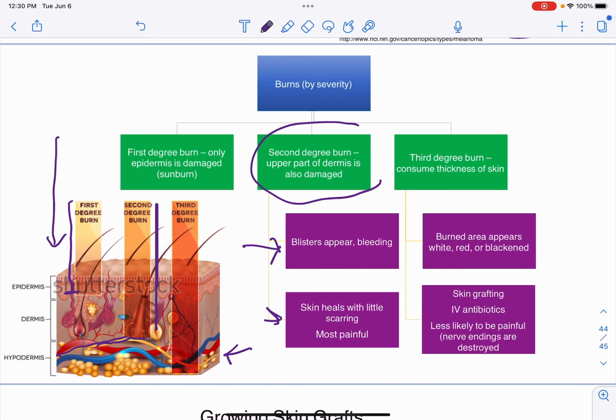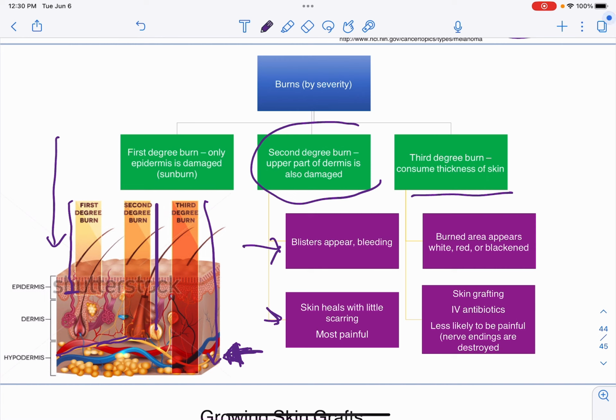So you will have the sensation: the nerves will detect this pain, it will be processed in your brain, and you will realize that this is a very painful type of burn. Third degree burns are interesting because all of the layers of skin have been damaged.